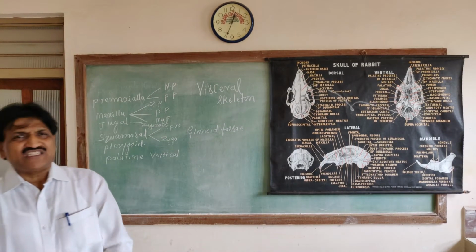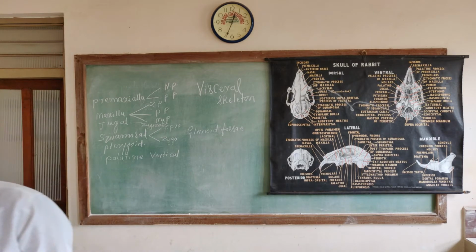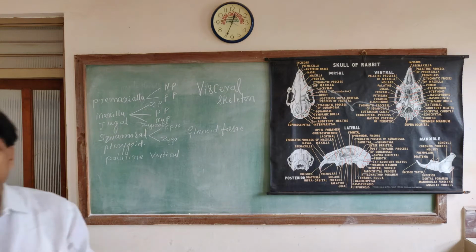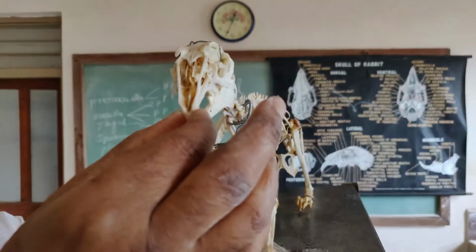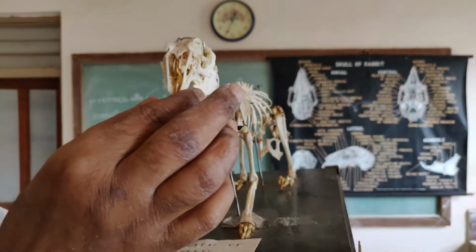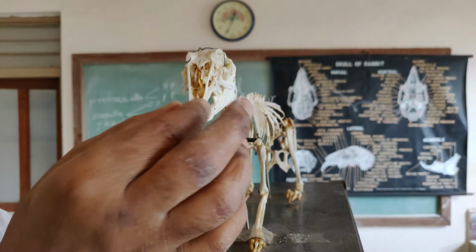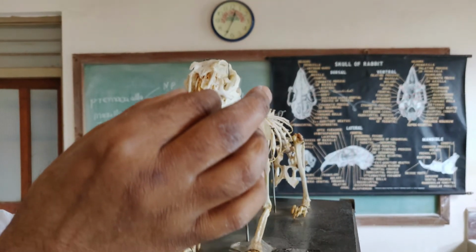So what is the premaxilla? For example, this is called the premaxilla. The two premaxilla bones are attached at the anterior side and diverge at the posterior side.